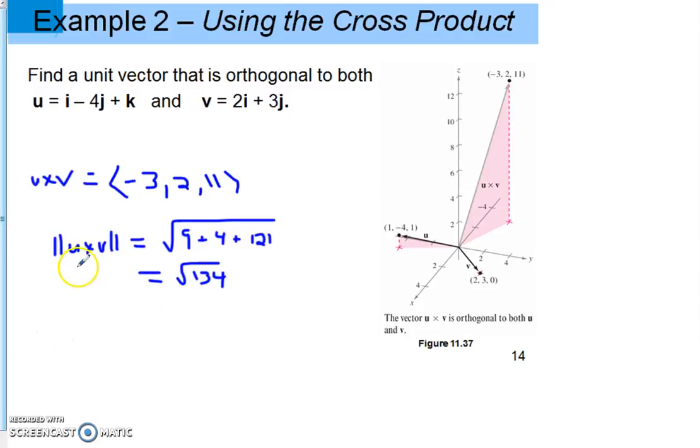All right, so the unit vector then would be -3 over radical 134, 2 over radical 134, and 11 over radical 134.